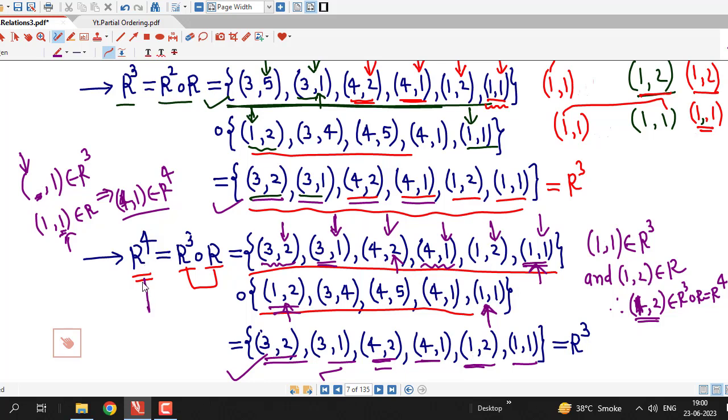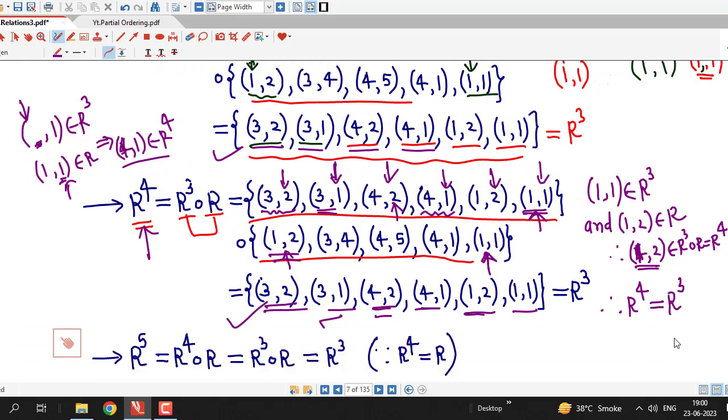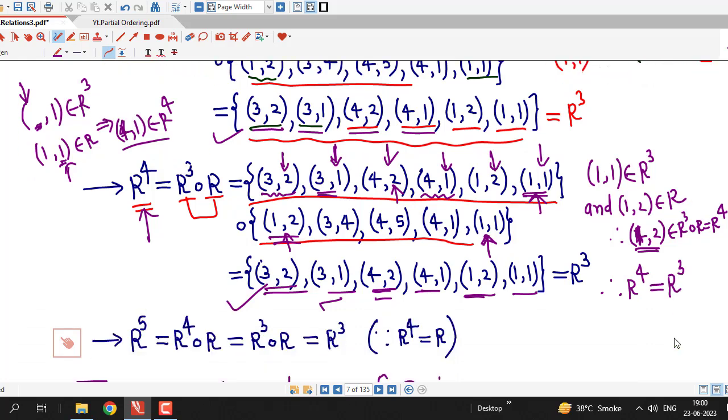So what we have obtained is that R4 turns out to be R3. Fourth power of R is nothing but third power of R. R4 equals R3. Now I have to write R5 also. R5 is the composition of R4 with R. But R4 is nothing but R3.